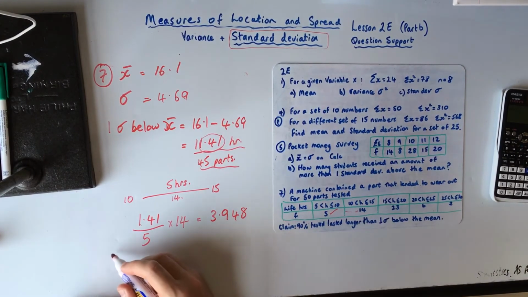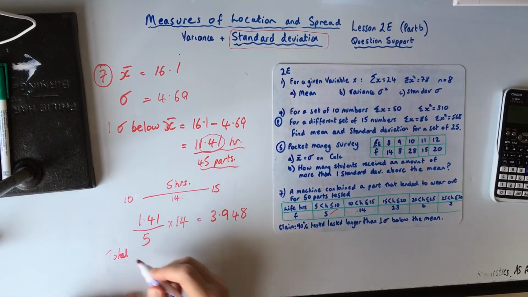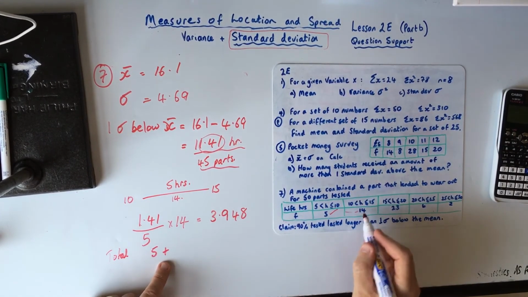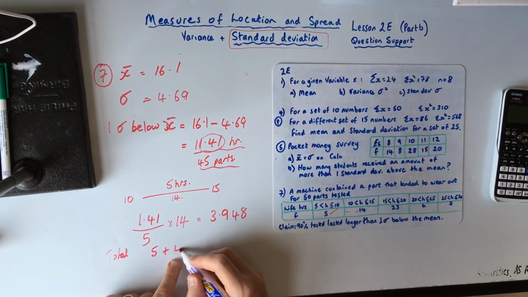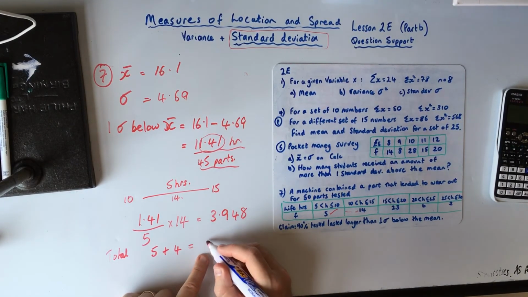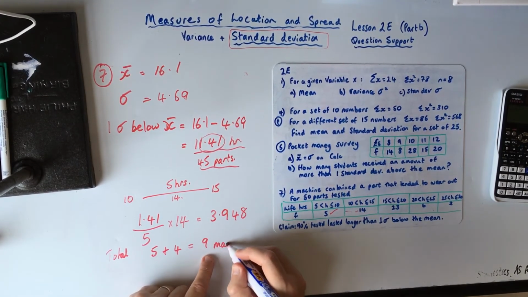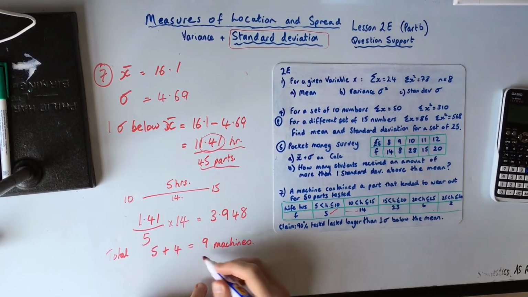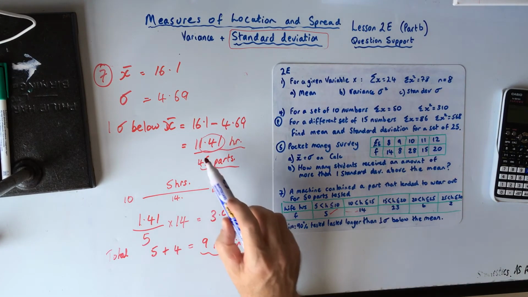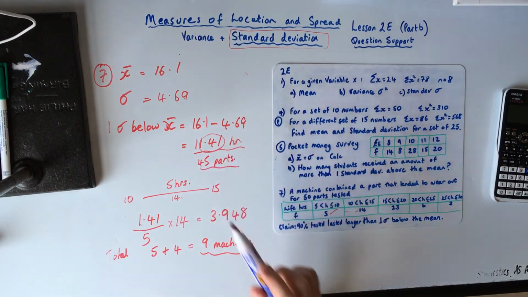So total machines, you've got 5 in this group plus another 4 in that group is 9 machines, is my estimate. So 9 machines last less than this limit here.